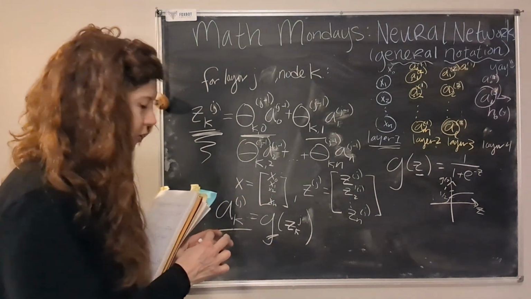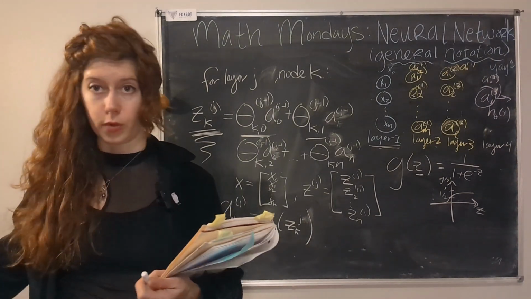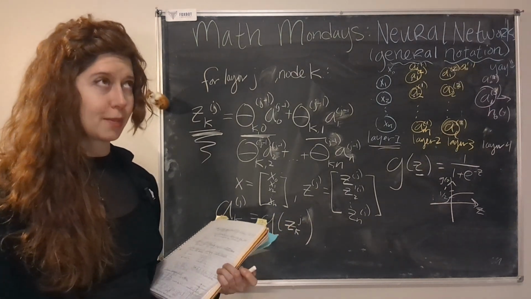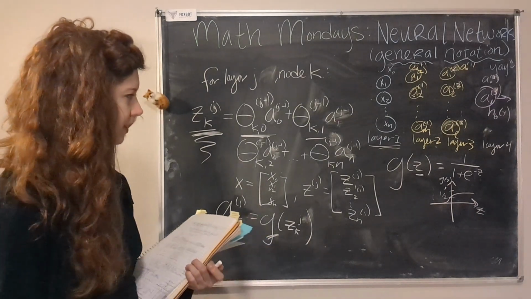So you do it inside first, calculate the sigmoid function, and then you get your value of the node. And I believe in the next video we'll do a couple more examples. I think that's where I want to go next before we move on, because this stuff is confusing.